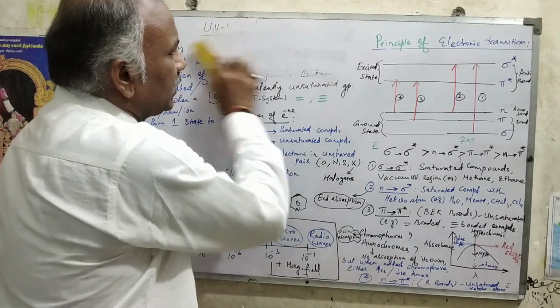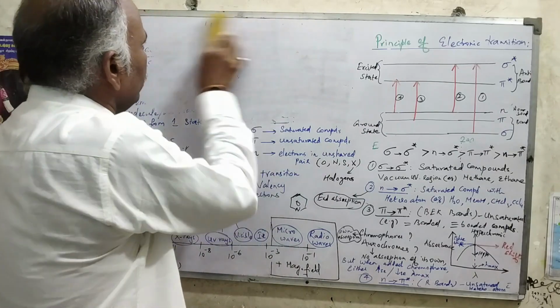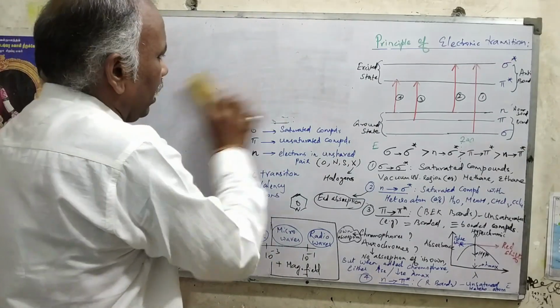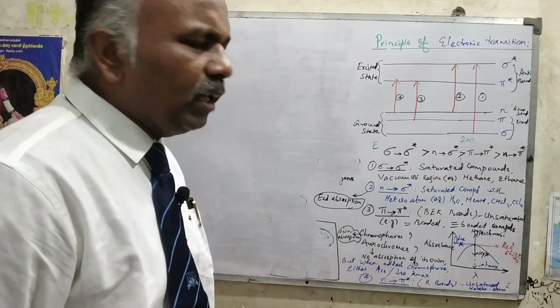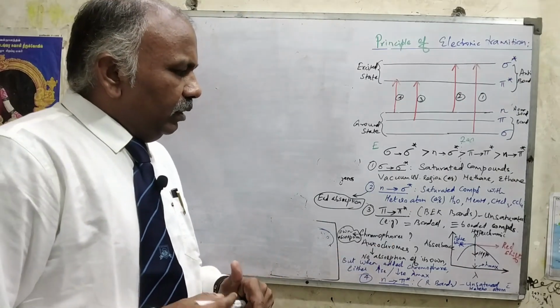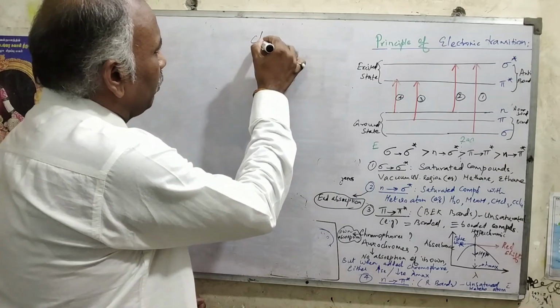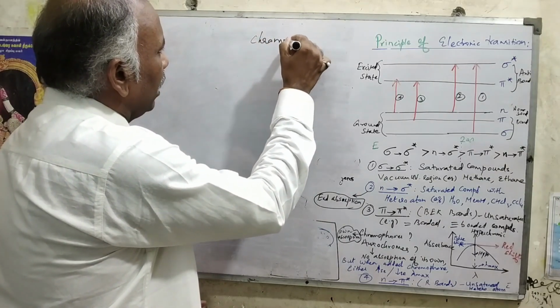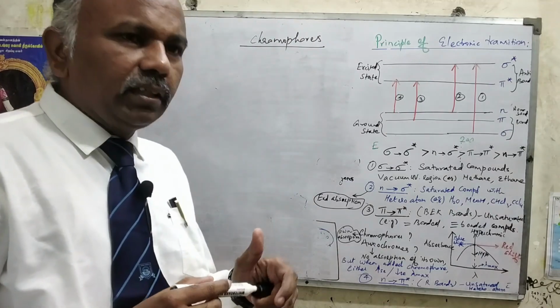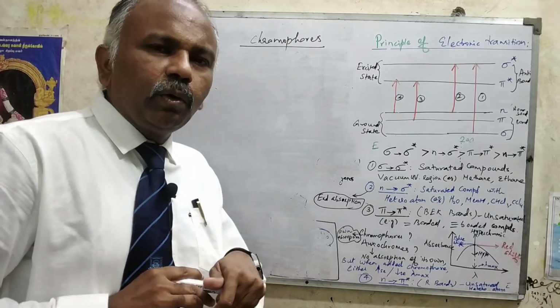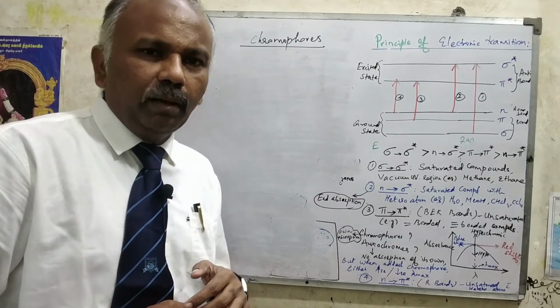When we talk about these chromophores, what are they? Chromophores are the covalently unsaturated groups responsible for UV visible absorption.